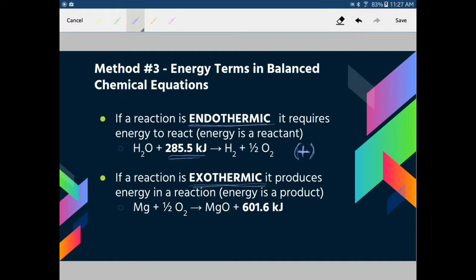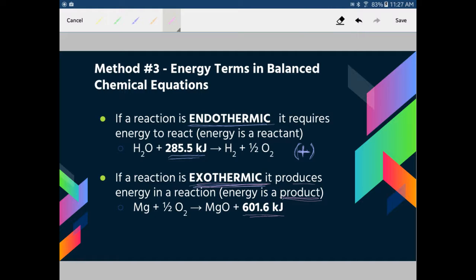If we look at an exothermic reaction, we know that it produces energy. Now, again, we write this energy this time as a product. So we have the formation of magnesium oxide. So we have magnesium plus half a mole of oxygen gas gives us magnesium oxide and 601.6 kilojoules of energy.